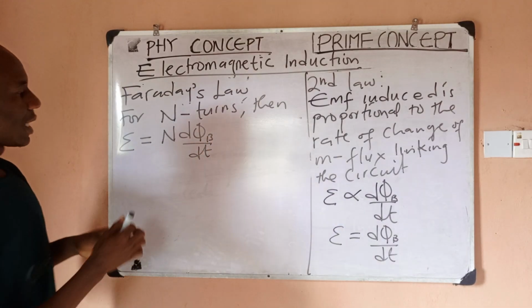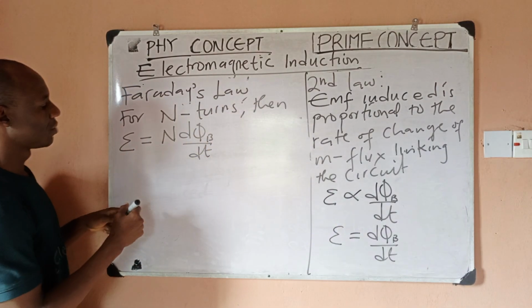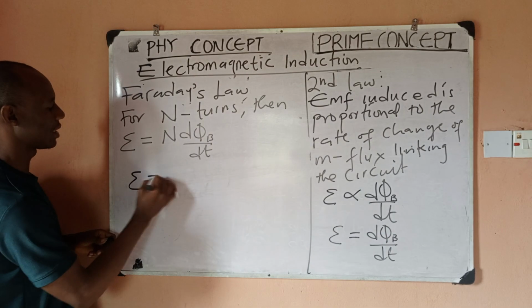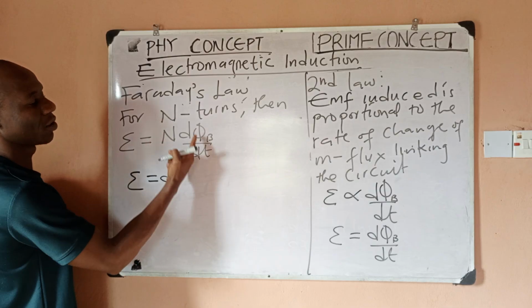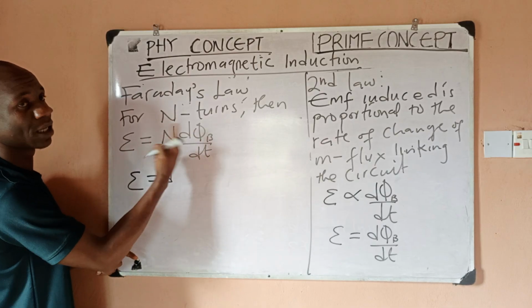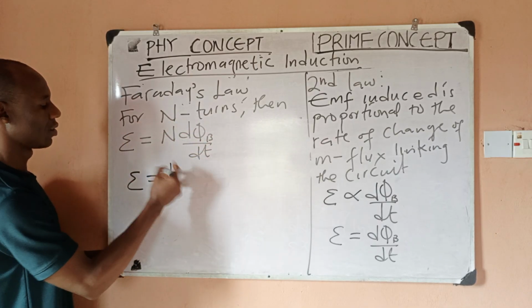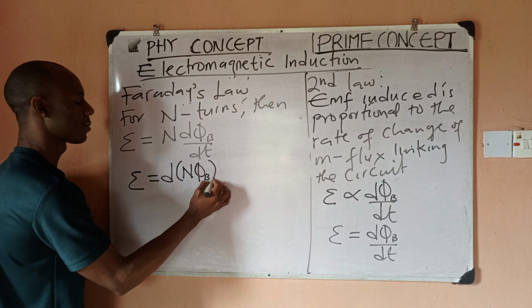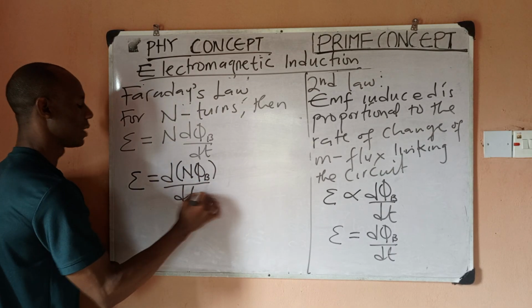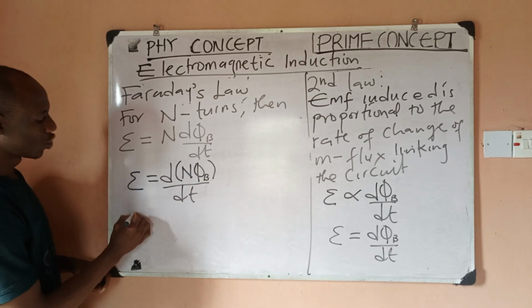Now this equation can still be written this way. I can write this as the EMF equals, I'll take the number of turns in because it's a constant. So we can always bring it out or take it in. So I can now write d(NΦB)/dt.